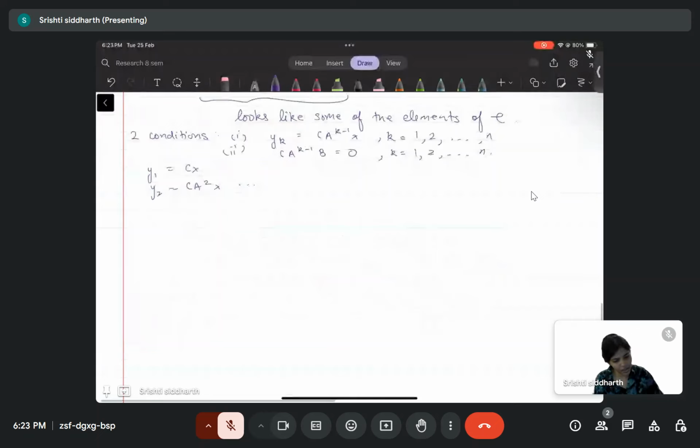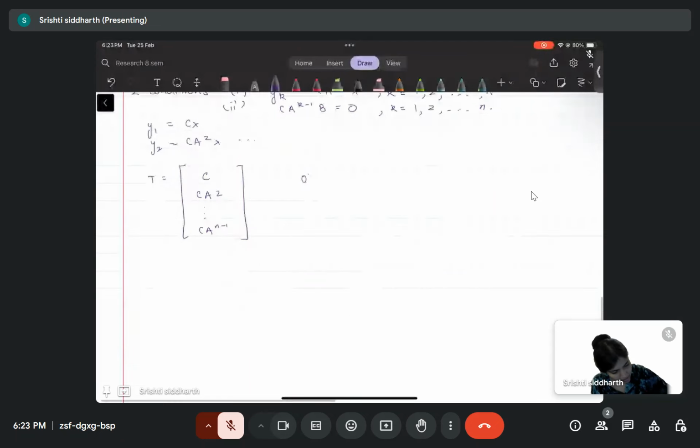Alright, so let's say that C is alpha 1, alpha 2, alpha 3. These are some scalars. So let's first check the dimension of C to see if this is correct.